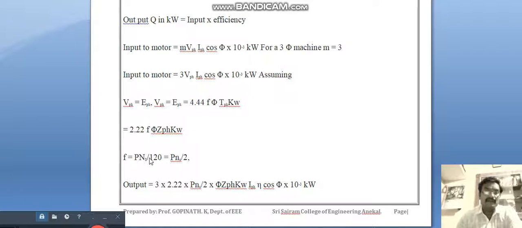This is for RPM. If you convert into RPS, f is equal to P ns by 2, because we have to divide by 60, and 120 divided by 60 gives 2.